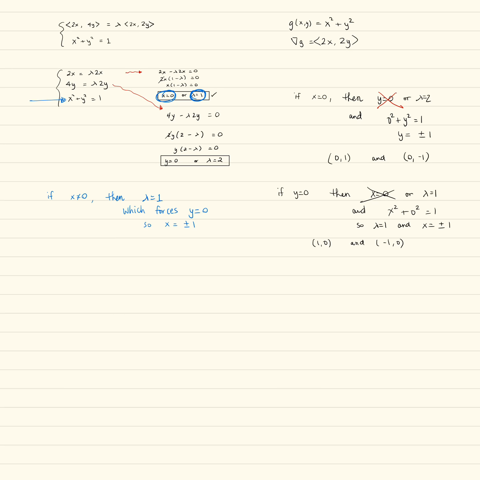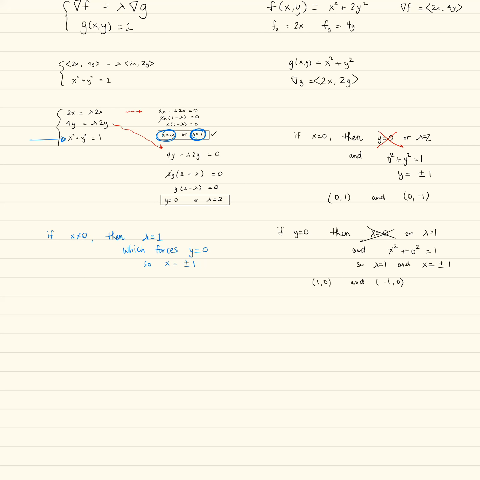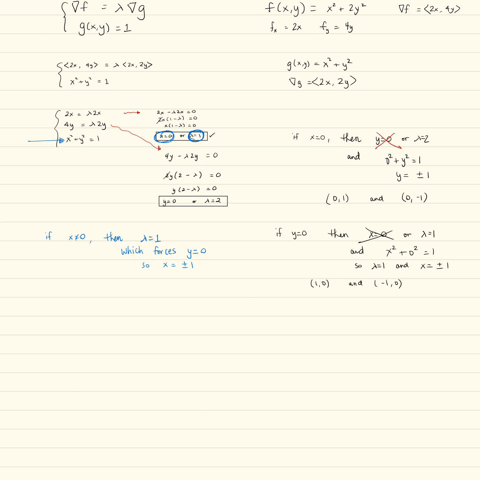Does that make sense? Our possible scenarios are either x is equal to 0 or x is not equal to 0. If x is equal to 0, we get these two points.